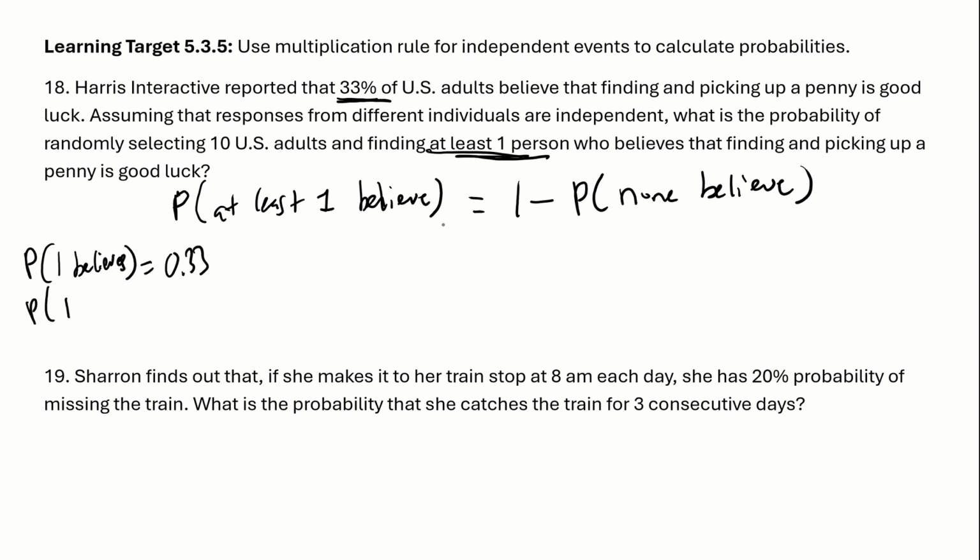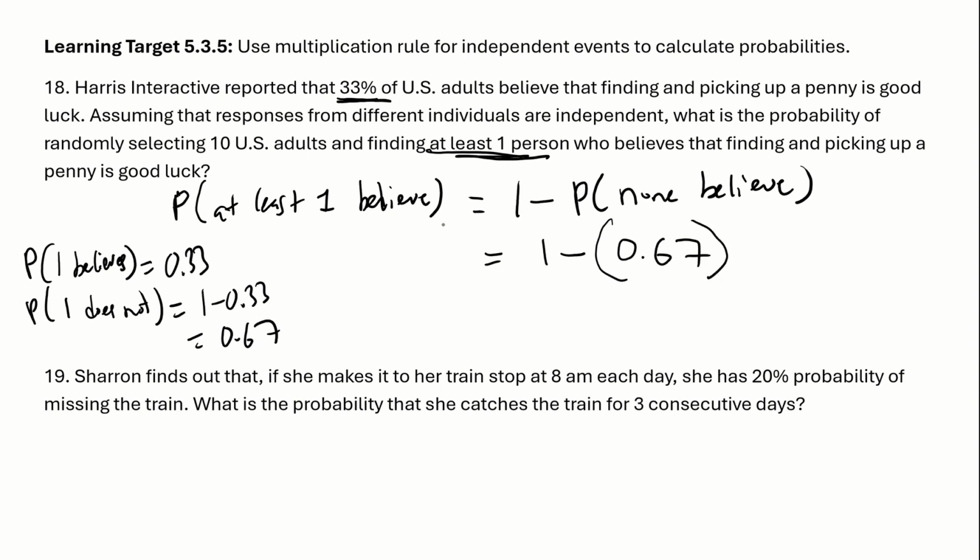Probability that 1 does not is 1 minus that, right? Is 0.67, or 67%. Okay, so the probability that, and how many people do we have? We have 10 US adults, right? So that means we have 0.67 chance that they don't believe, but we have to do that for 10 people.